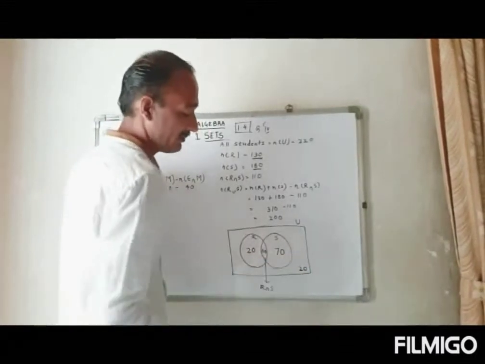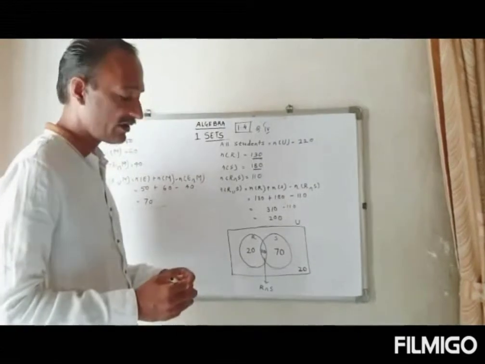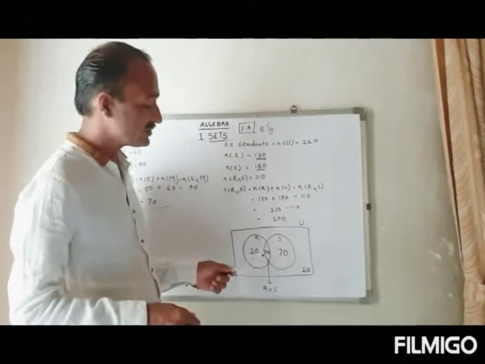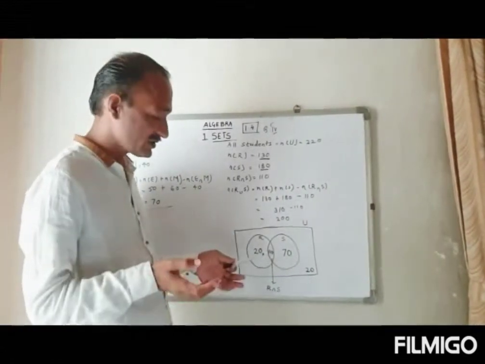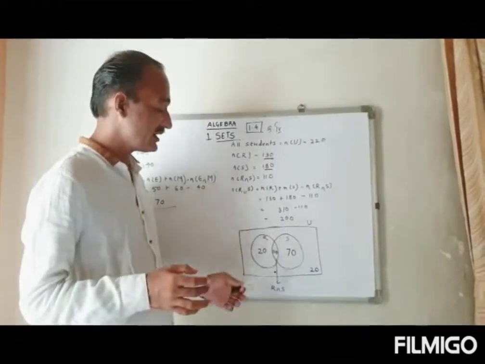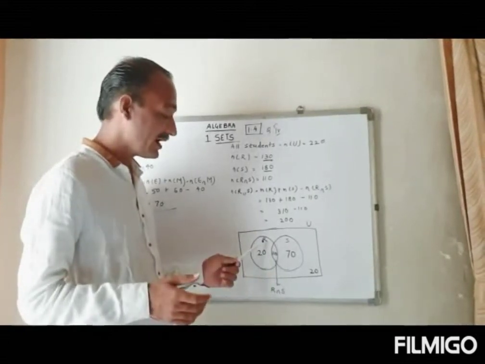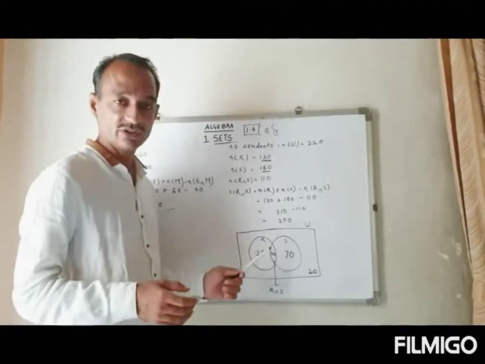That's what we call the complement. So you can write your answers. The final answer required: the number of students who like both hobbies, rock climbing as well as sky watching, is 110. 20 students do not like either rock climbing or sky watching.